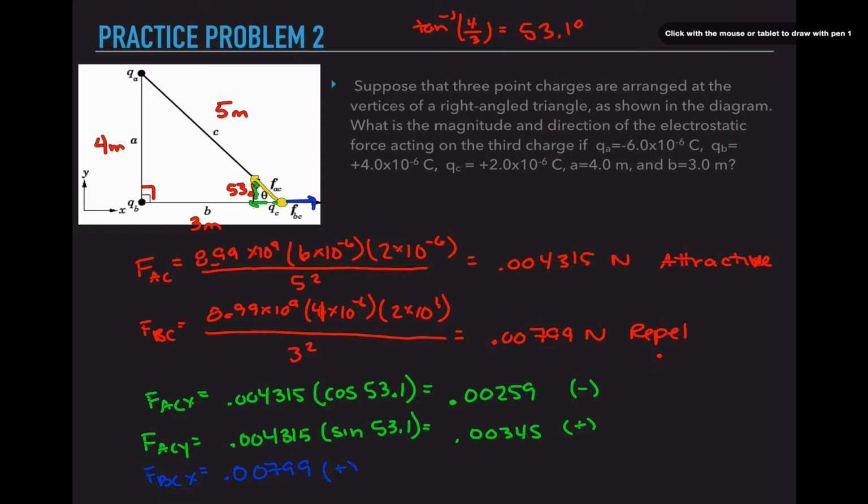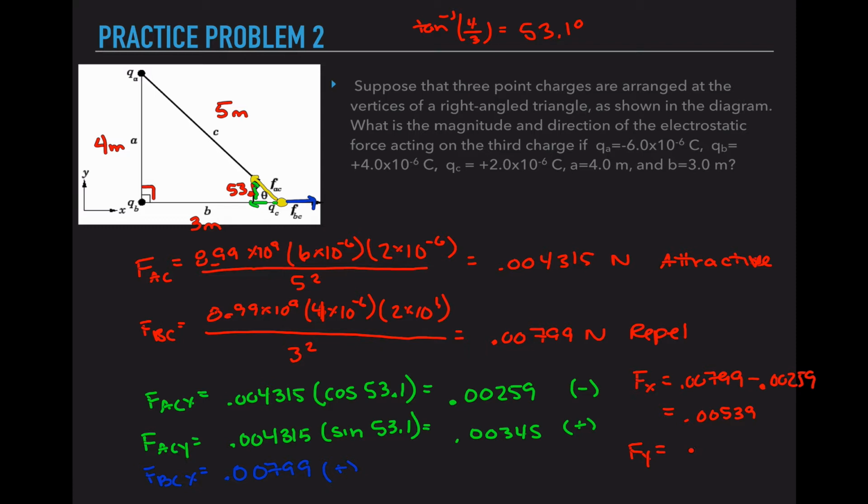So now I'm going to do FX total equals, this is in the negative, this is in the positive. So I'm actually going to subtract those two numbers. Okay? So 0.00799 minus 0.00259, and that gives us a value of 0.00539.